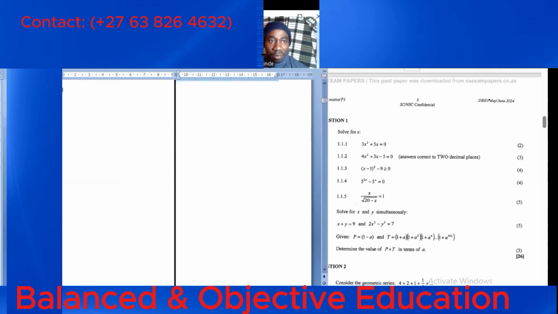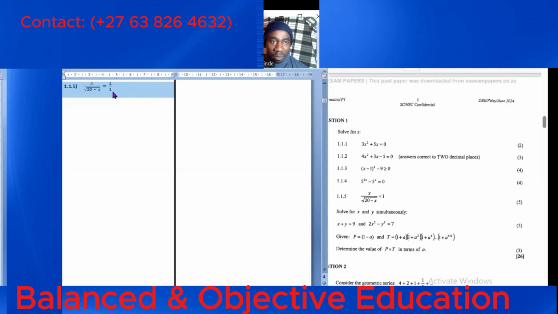Then question 1.15. For question 1.15, we have x divided by the square root of 20 minus x equals 1. So that is the question we have here. We can rewrite the right-hand side as 1 divided by 1. 1 divided by 1 is the same as 1.